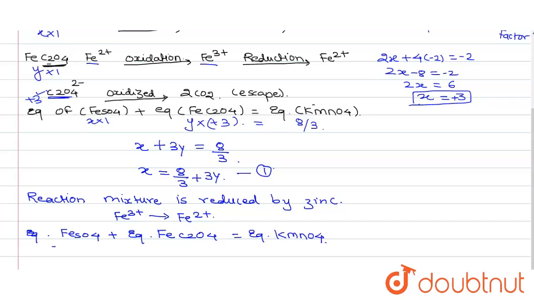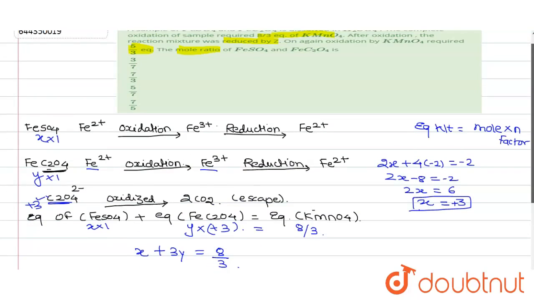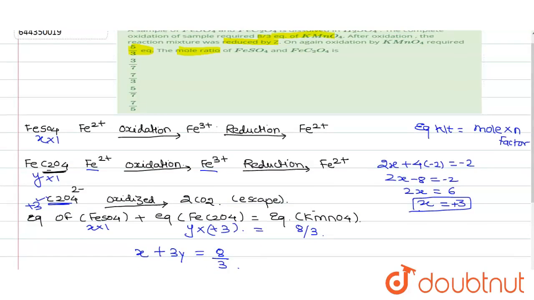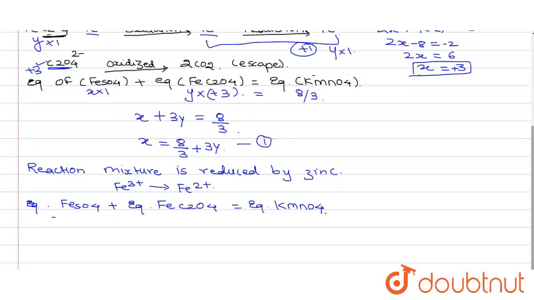Now check the change in oxidation state over here. The N factor is 1, so x into 1, equivalent weight being mole into N factor. It is getting changed from plus 3 to plus 2. In the same way here also it is 1, so y into 1.